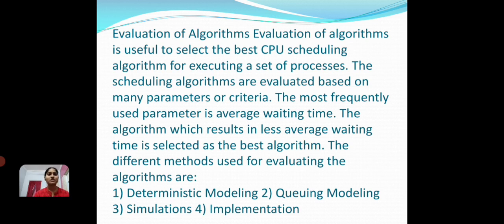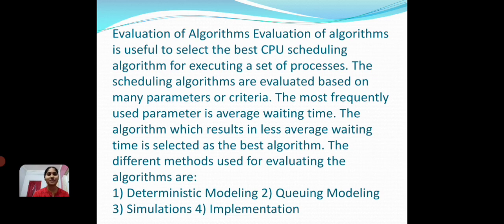It's because in order to find the best algorithm, we evaluate the algorithms. Evaluation of algorithms is useful to select the best CPU scheduling algorithm for executing a set of processes.